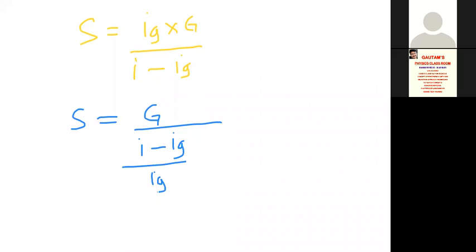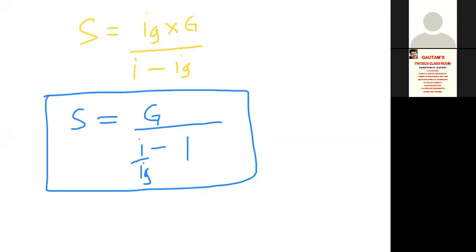So further we can simplify. Direct step I am writing, that is I by Ig minus 1. So this is my final expression. S is equal to G by (I by Ig minus 1). I hope you are clear how we got this expression.